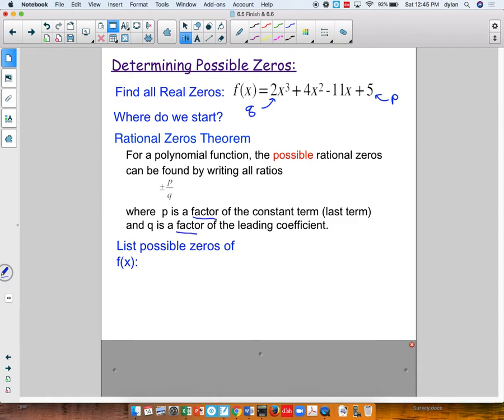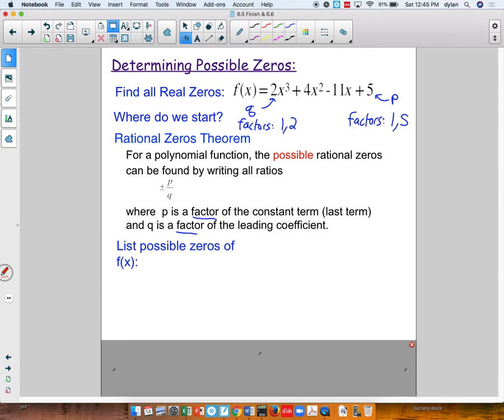So in other words, the factors of q would be 1 and 2. And the factors of p would be 1 and 5 in this case. So if we wanted to list all the possible zeros, it's p over q, and it's plus or minus.